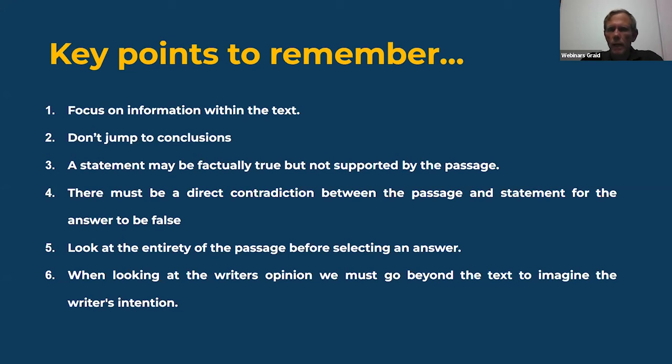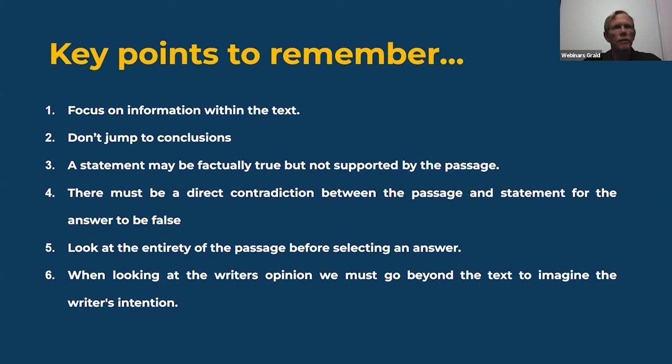Finally, the last point is when we talk about writers' opinions, which is a very common question in IELTS. When we are looking at the writer's opinion about something, we often need to go beyond the text and simply imagine or think about why the writer has made that statement.